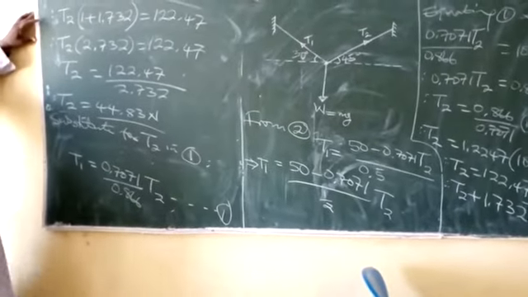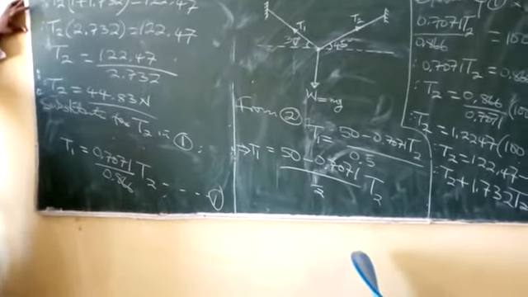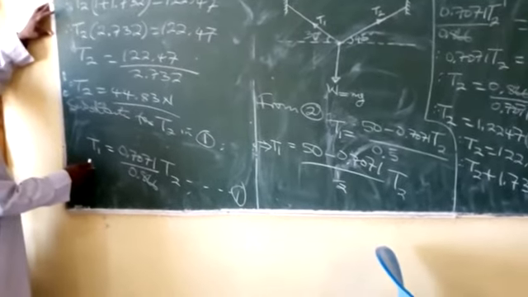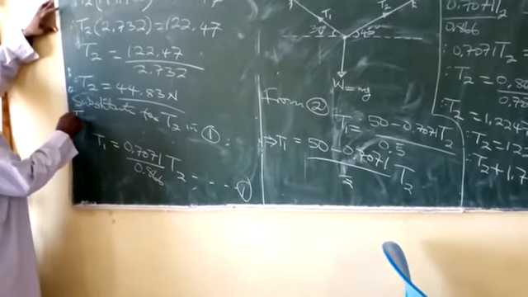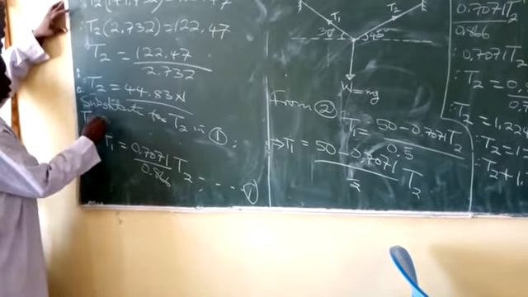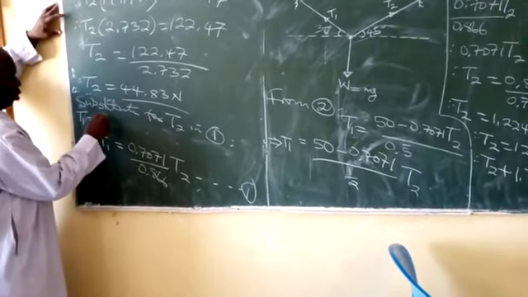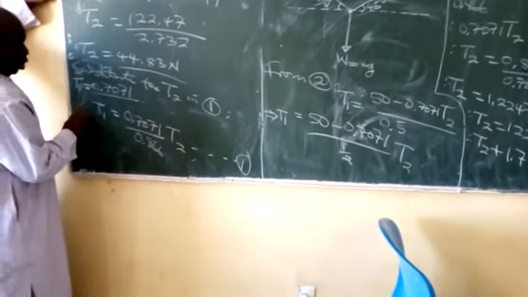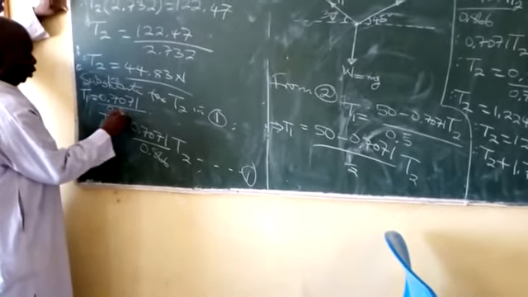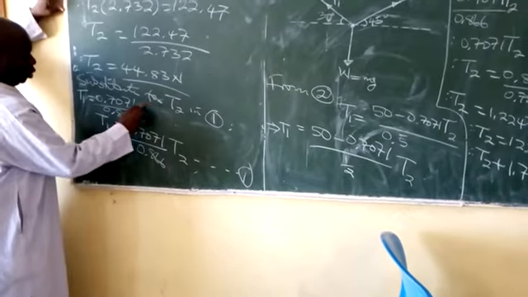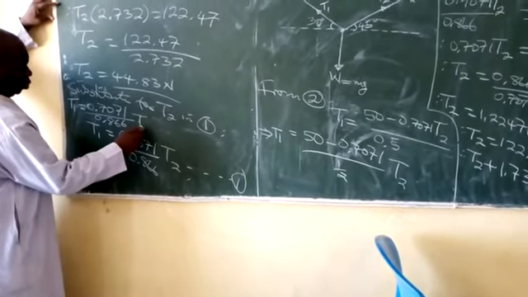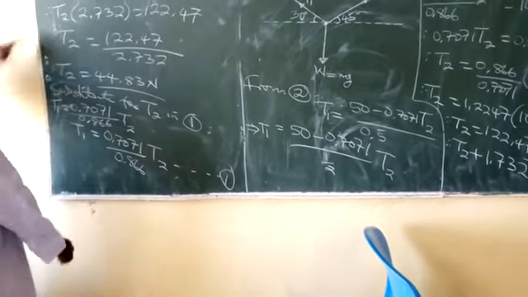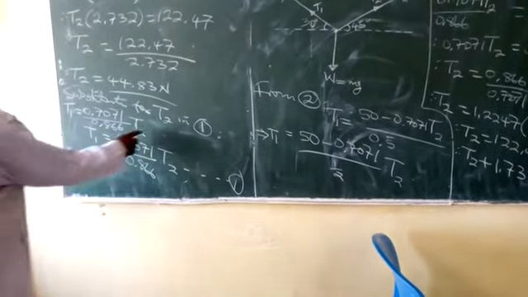If I do that, I have T1 is equal to 0.7071 over 0.866 T2. I calculate this one, now that I have gotten my T2.